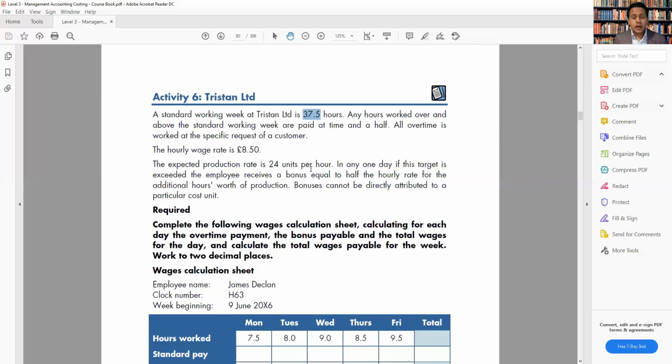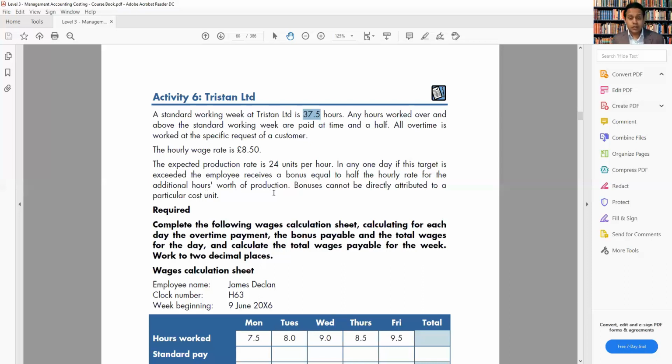So every hour we expect every employee to make 24 units. In any one day, if this target is exceeded, the employee will receive a bonus equal to half of the hourly rate for the additional hour's worth of production.